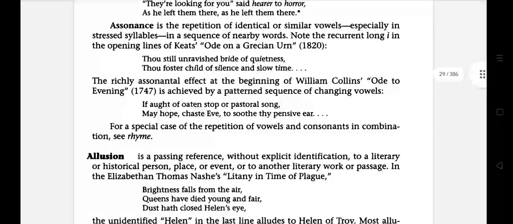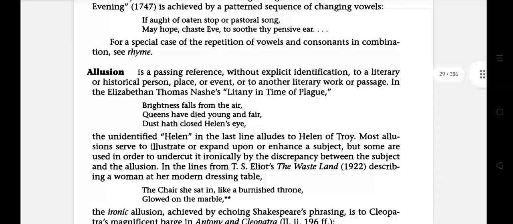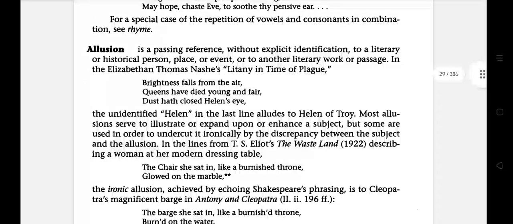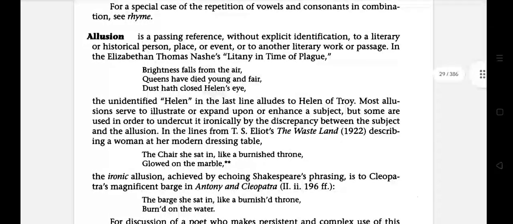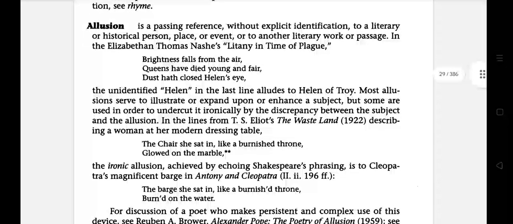Our next literary term is allusion. It is a passing reference, without explicit identification, to a literary or historical person, place, or event, or to another literary work or passage.